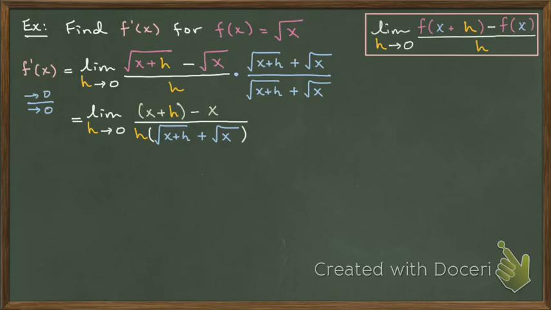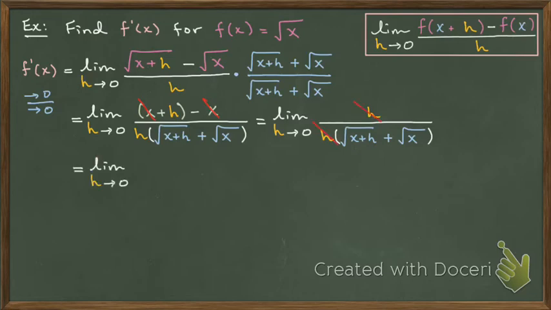I see that x minus x cancels, and I'm left with only an h in the numerator, and that's ideal. Just like I said in the previous slide, I want an h in every term in the numerator. There's only one term in the numerator, it is h, and I can cancel that with the h in the denominator. If those were delta x's, the same thing would happen.